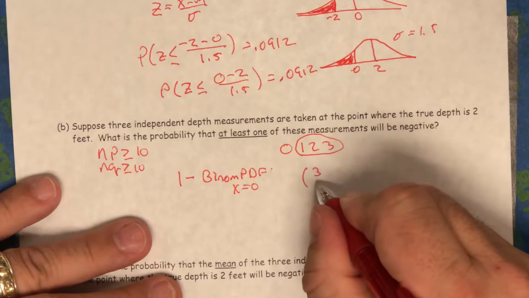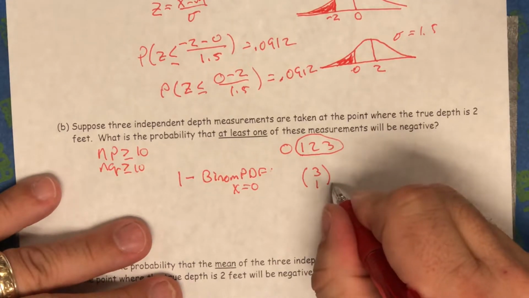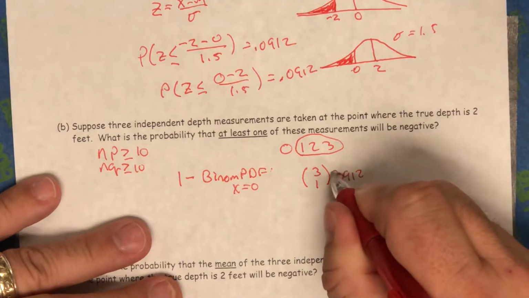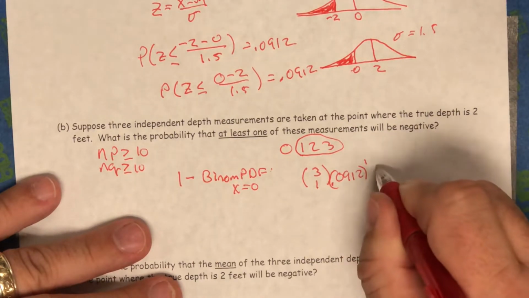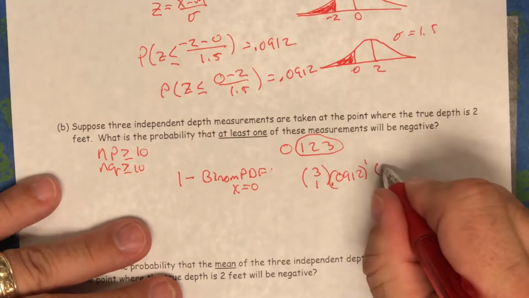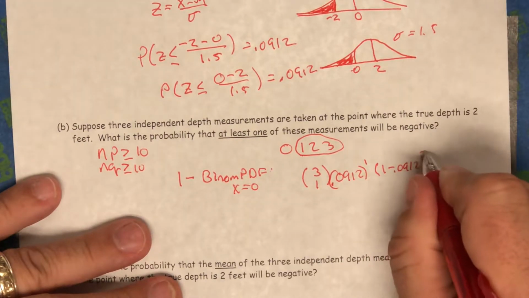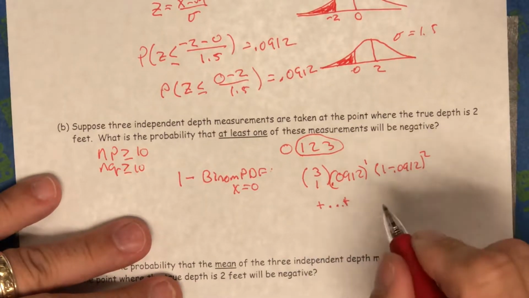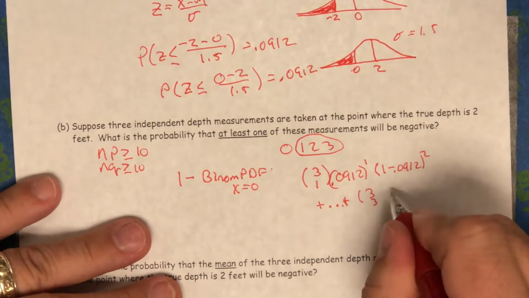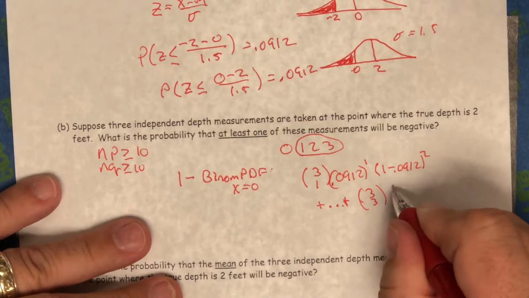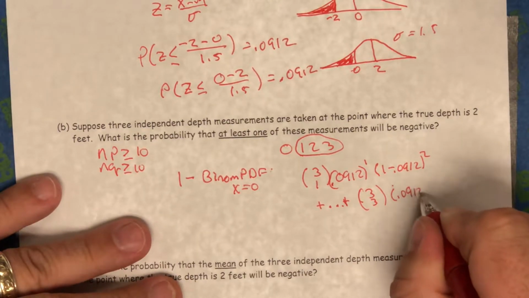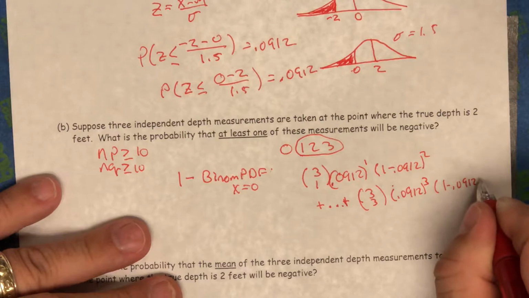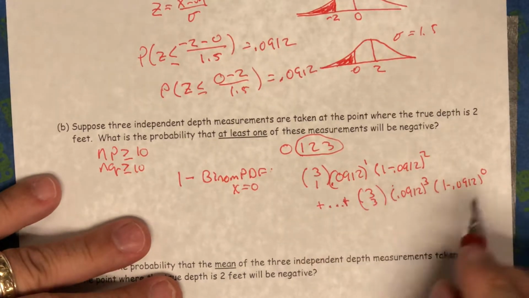You can do 3 choose 1, our probability of that happening is 0.0912 from up above to the first, times 1 minus 0.0912 squared, plus 3 choose 3, then 0.0912 cubed, and then 1 minus 0.0912 to the 0. Now it would sum all the PDFs.